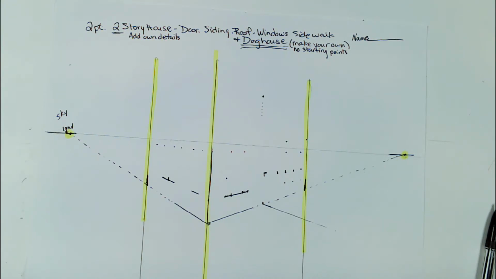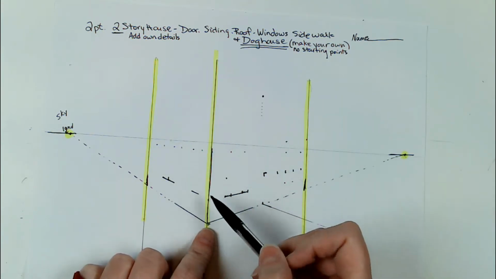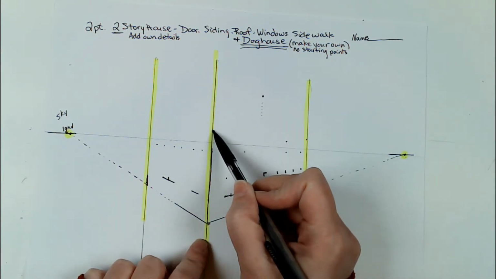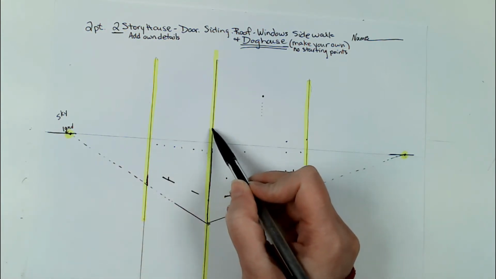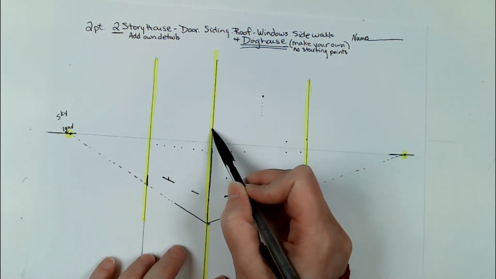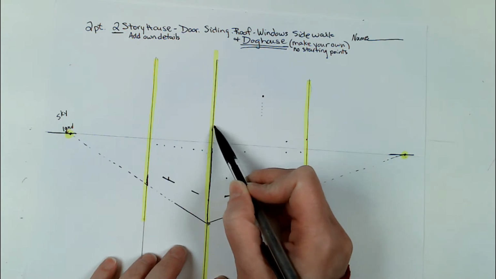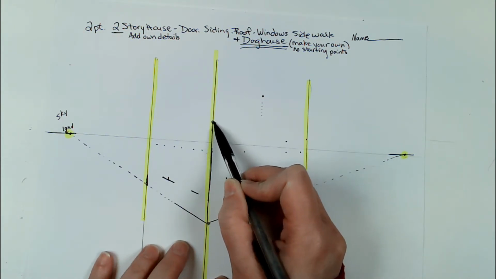And what I'm also going to do is I'm going to decide how tall do I want my house to be, and I'm going to have the corner of the house, so it would be that top corner, I'm going to have it above the horizon line here, just so you can see how the angle of things is going to go. So maybe I'm like a little bit about right there.